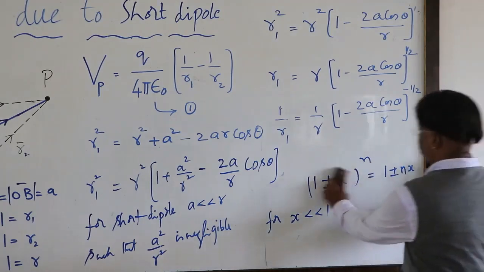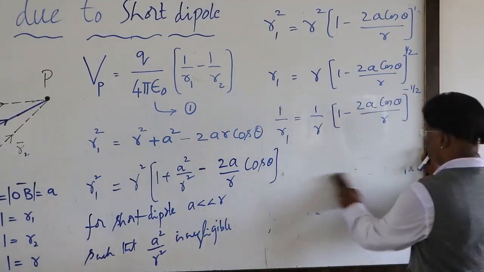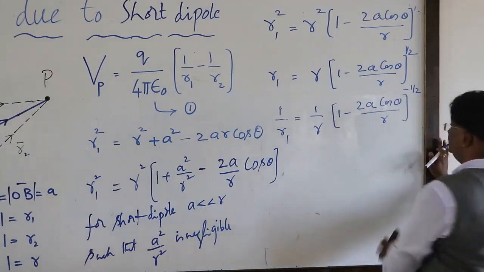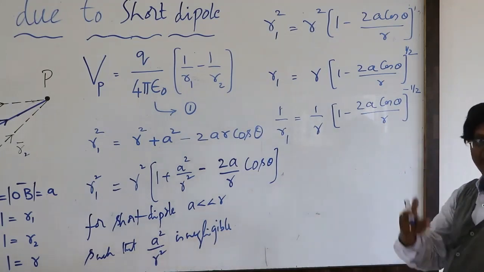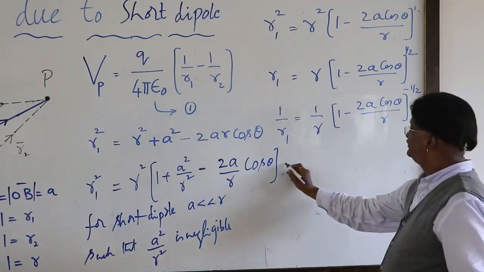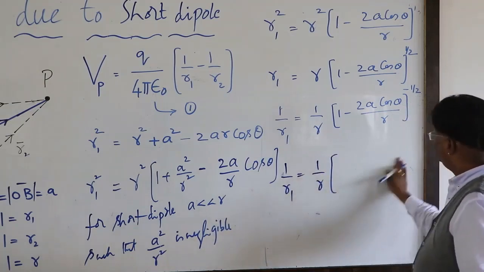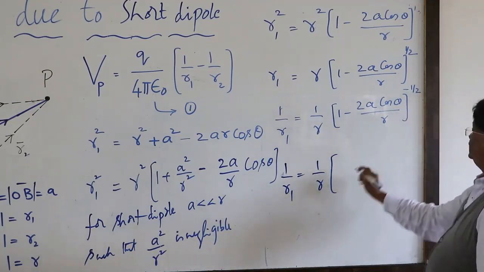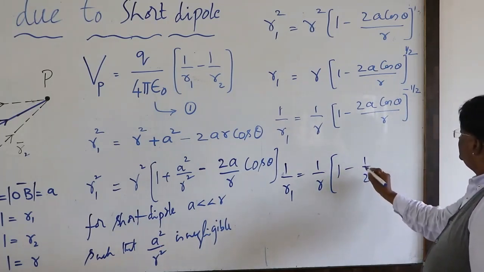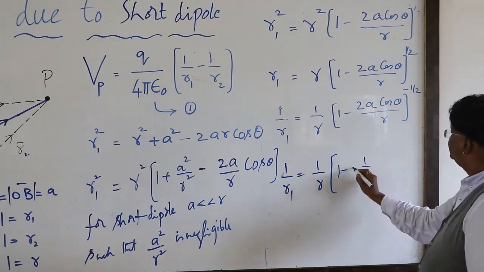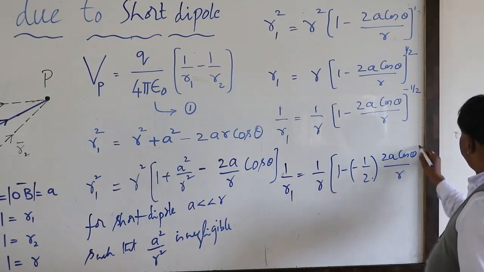You follow the same here because we have taken the case of a short dipole. For a short dipole, a by r is very much less than 1. Is it not? Therefore, I can make use of that binomial approximation. Therefore 1 upon r1 is equal to 1 by r times 1 minus of minus 1 times 2a cos theta by r.